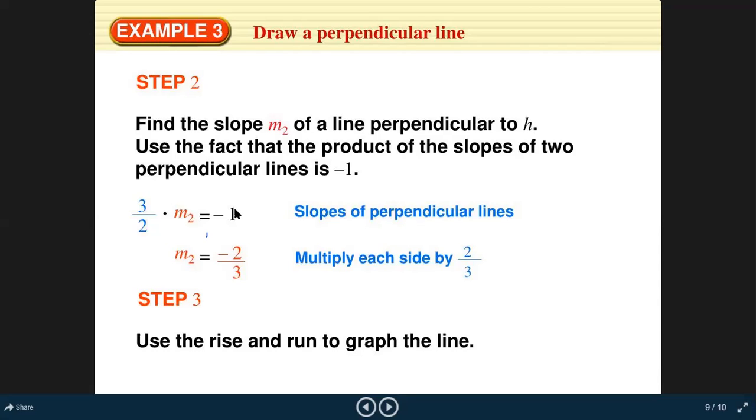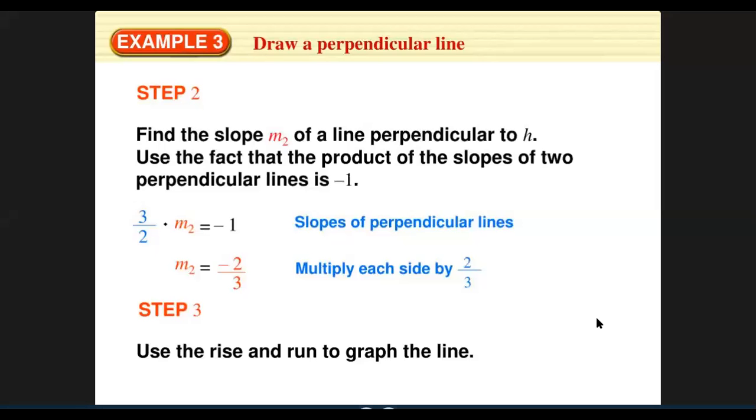Then if I want to find the second one, we have to divide negative 1 by M1. Now we have the slope of the second one equal to negative 2 over 3.